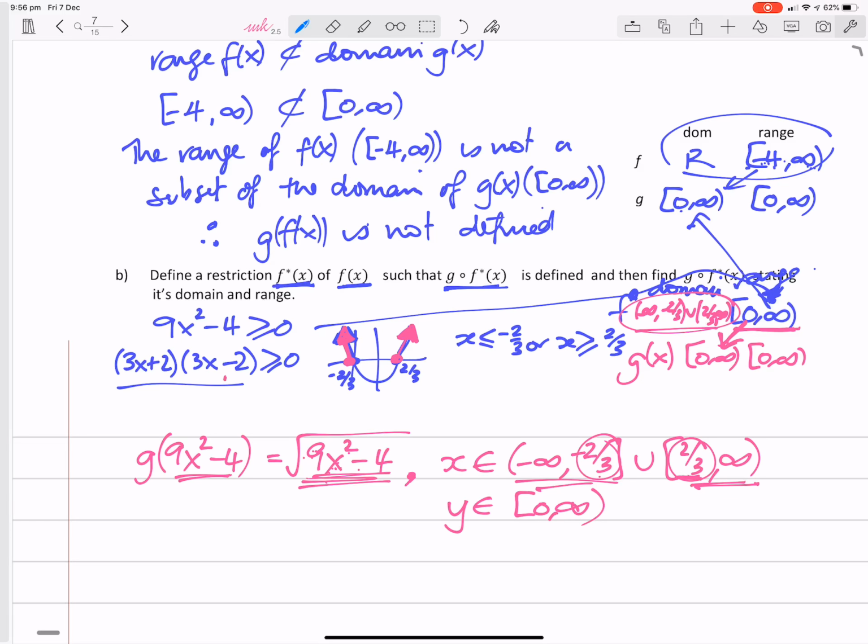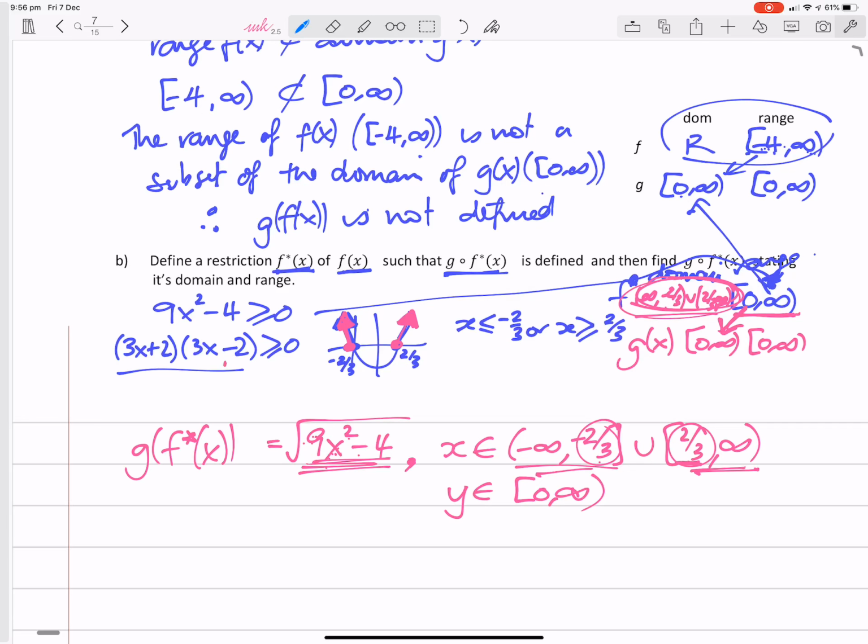So this is g of f star of x, and that allows us to substitute into this function, because we restricted the domain of f to be from negative infinity to negative 2/3 or 2/3 to infinity, and that restricts our range so that it'll then fit into the domain of g of x.